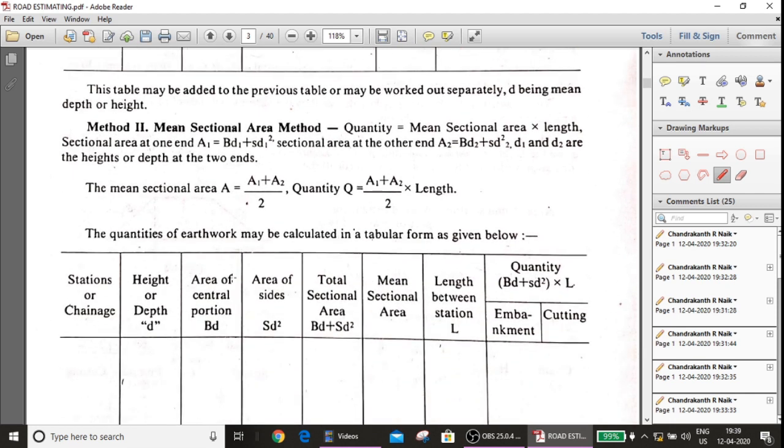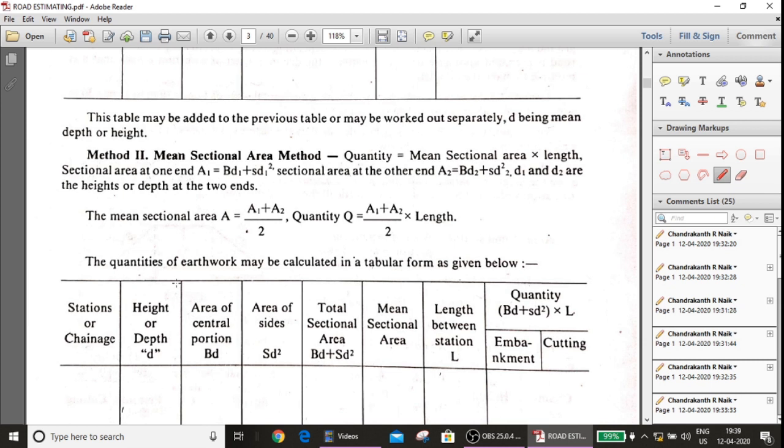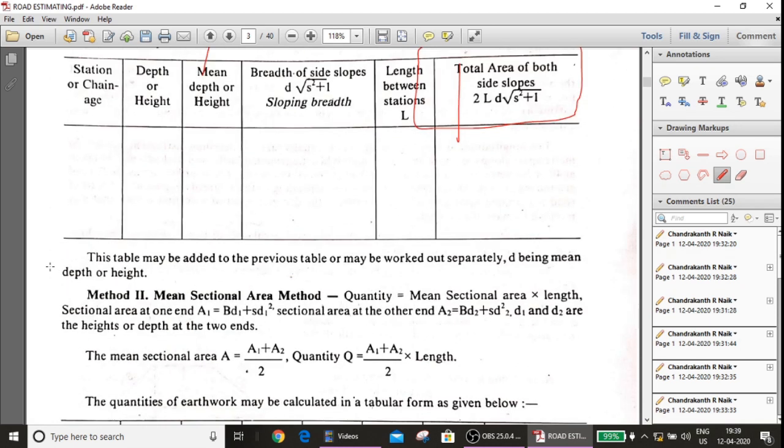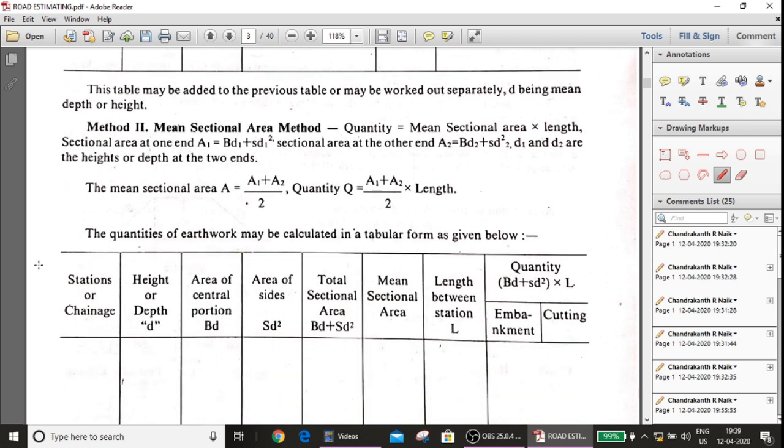And we come to the second method, that is the mean sectional area method. So the first one is the mid sectional area method. The second one is the mean sectional area method. What we do here, there we took d as the depth, or it may be height.